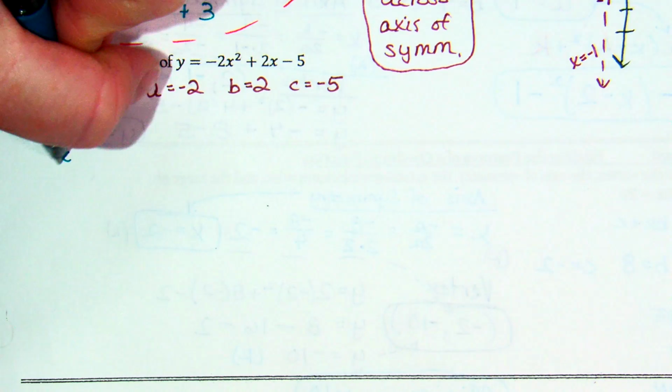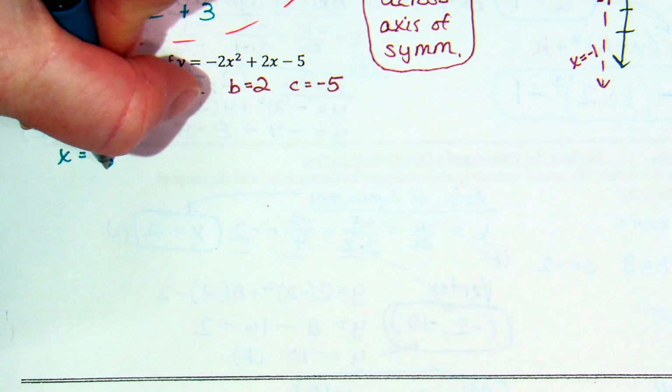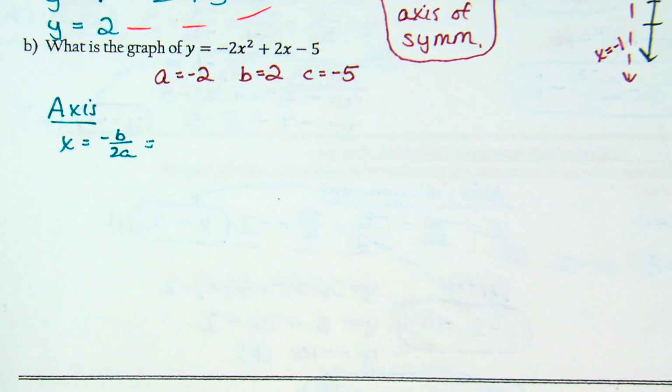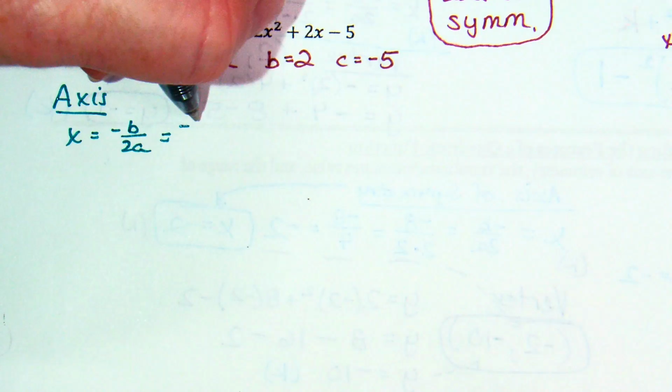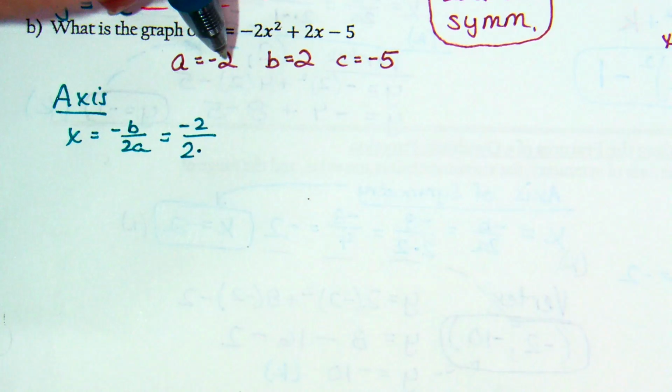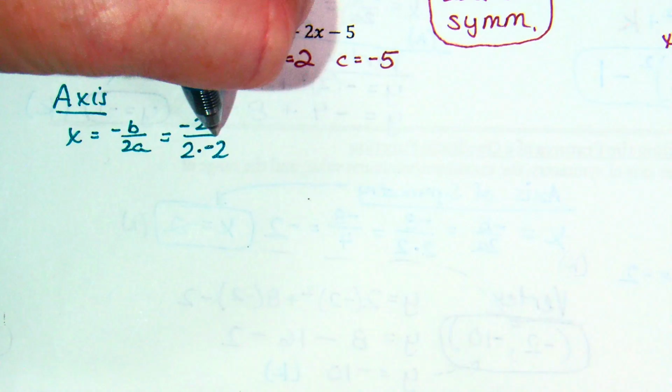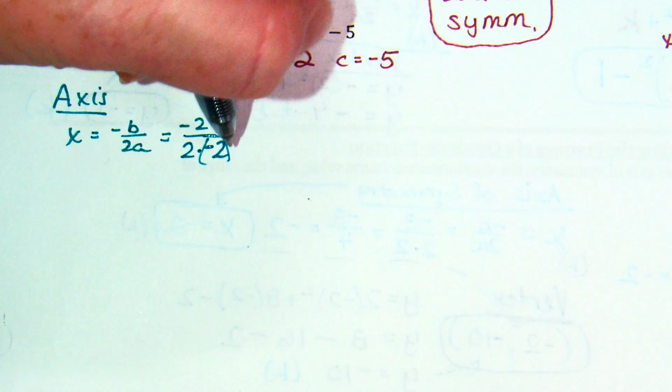Okay, so we went through this multiple times yesterday. X equals negative b over 2a. So in this case, negative b is going to be negative 2 over 2a. 2 times negative 2 on the bottom, I should say.